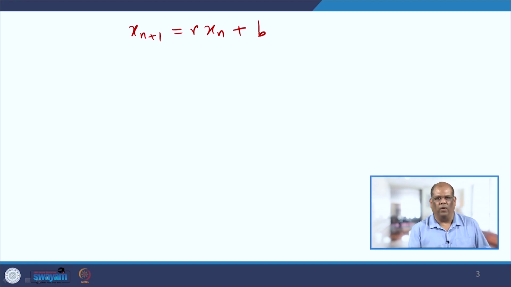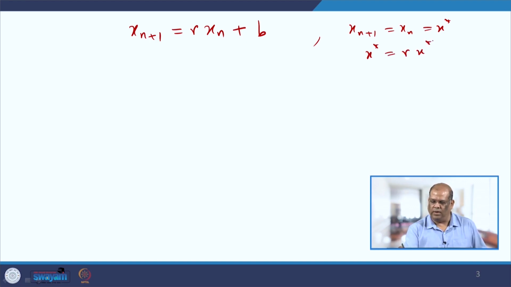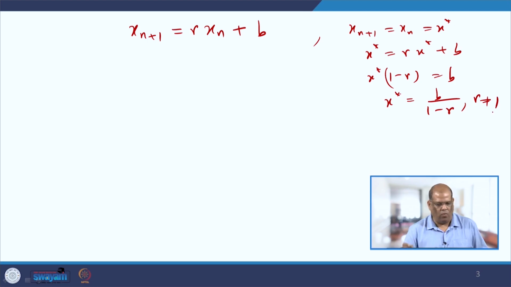If you want to calculate the equilibrium solution, then we replace x n plus 1 and x n by x star, because there is no change from n to n plus 1, and if you do that, you get x star equals R times x star plus b. So, x star into 1 minus R equals b, and x star is b divided by 1 minus R, and R cannot be equal to 1.